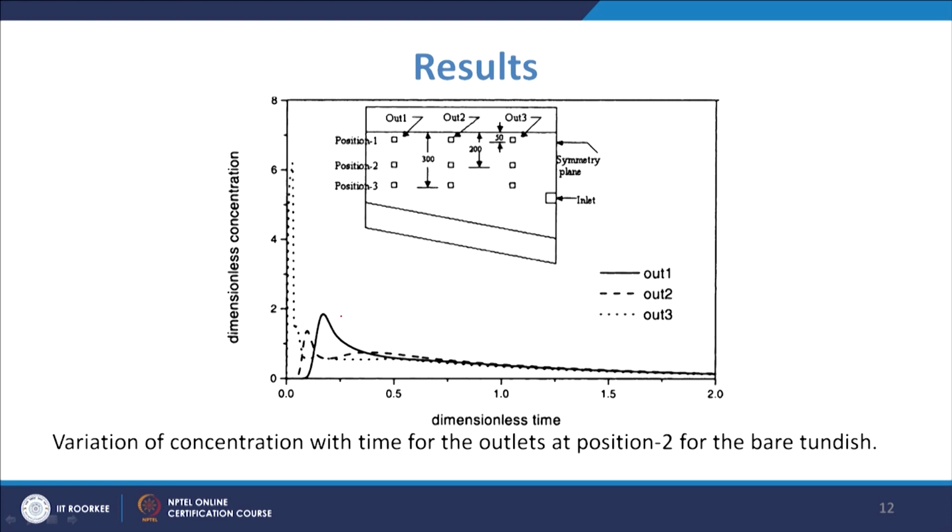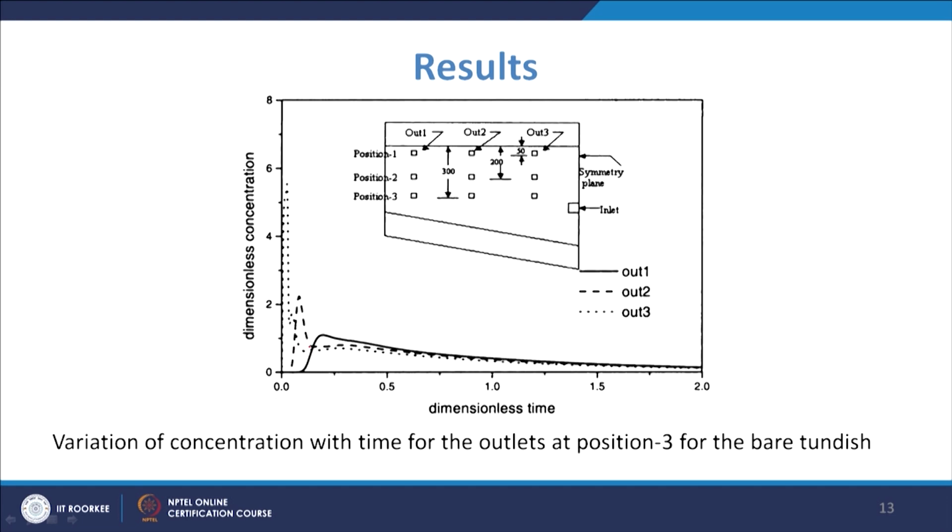And then this is your C curve for the other 2 outlets, which looks like this. If you further change towards the inlet plane, you see that it is even smaller. So, you find the value of the mean residence time in these cases.